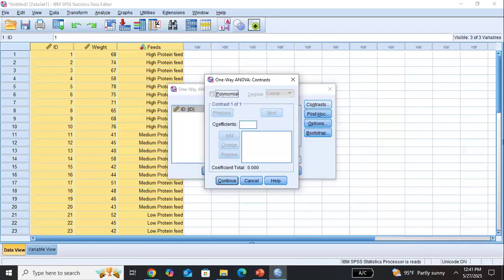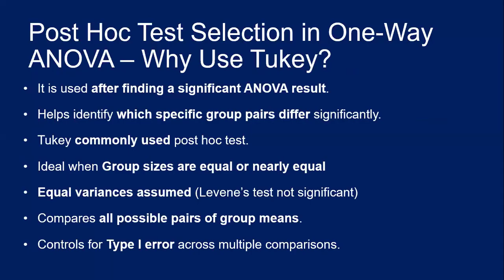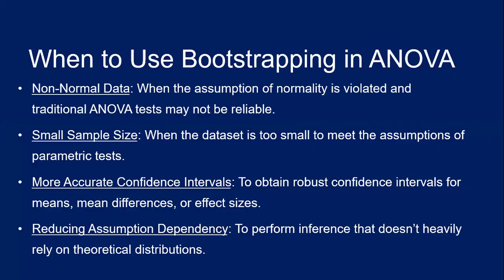The most important thing is the post hoc analysis in the ANOVA. Post hoc analysis should not be performed in the first go. The proper methodology of the ANOVA test is that you don't apply post hoc right at the start. First of all, you have to see whether the p-value was significant or not.